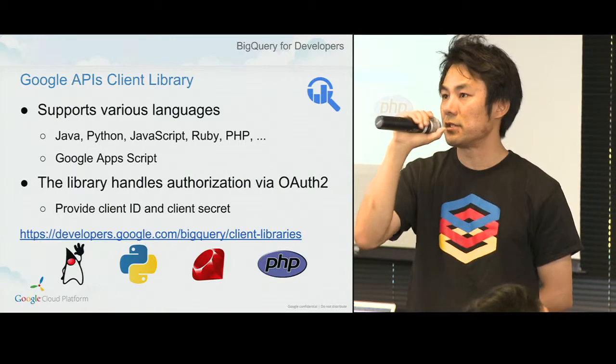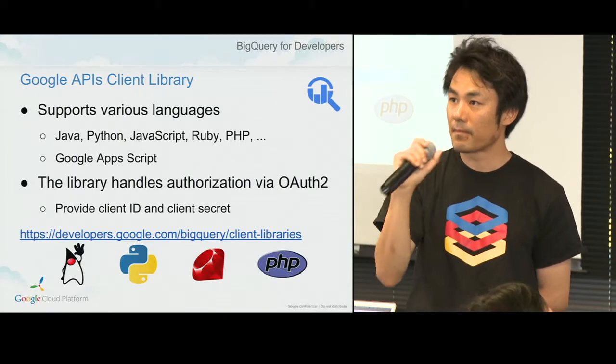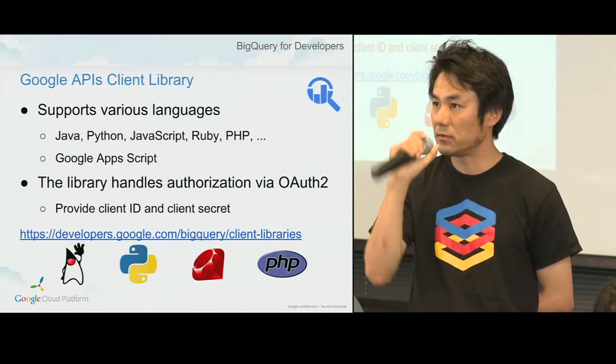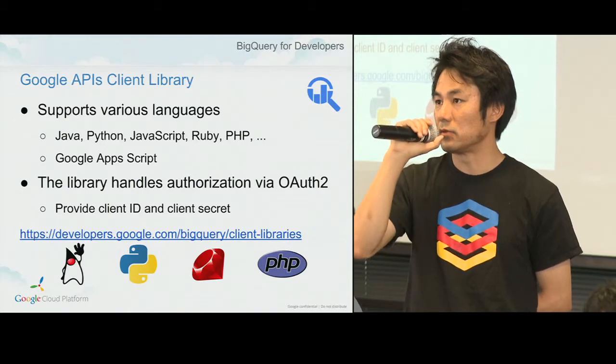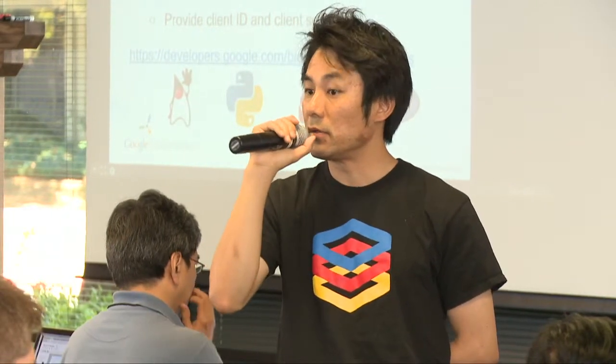We support JavaScript, Ruby, PHP. And Google Apps Script also supports this API. And this library takes care of the authentication and authorization with OAuth 2. So what we usually do is we provide client ID and client secret and give that to the library.